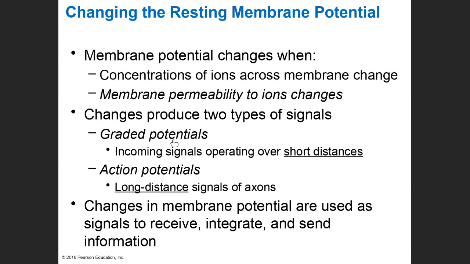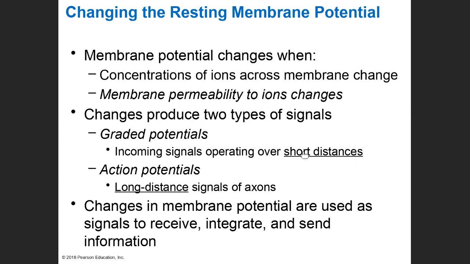Now, that is considered a graded potential. The electrical signals coming in from dendrites are not action potentials. They are classified as graded potentials because they only travel a short distance, from the dendrites to the soma.